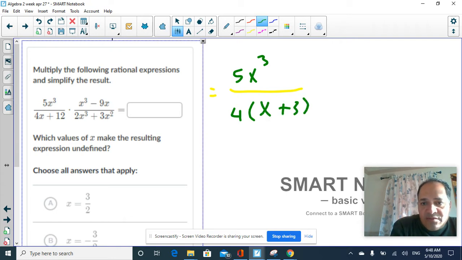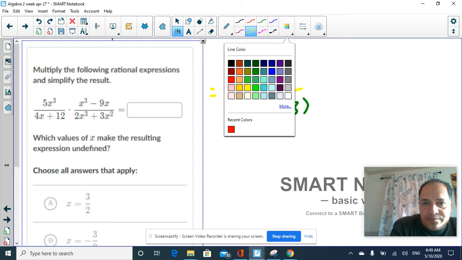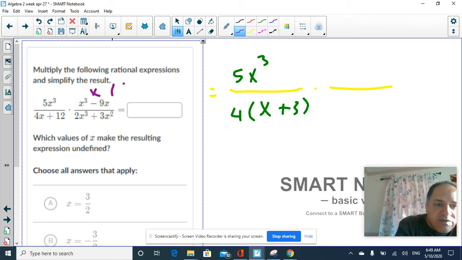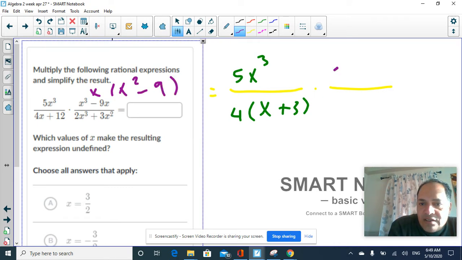Multiplied by what? Yes, if you take out x here, you have x squared minus 9, factor it again, so x times x minus 3 and x plus 3.